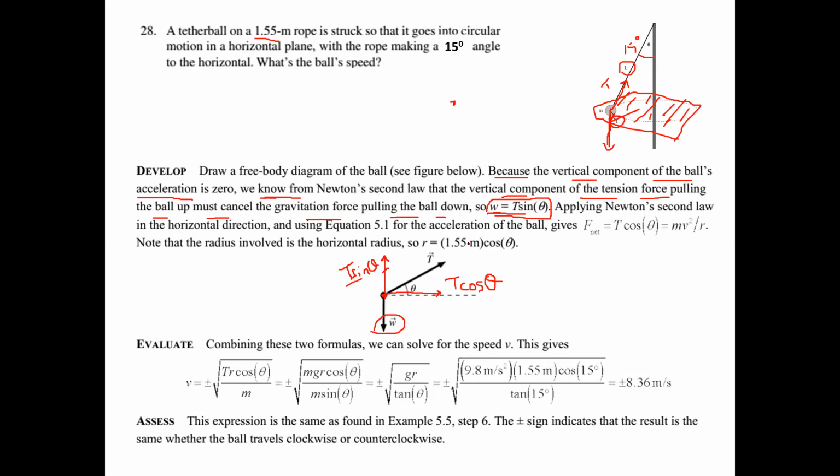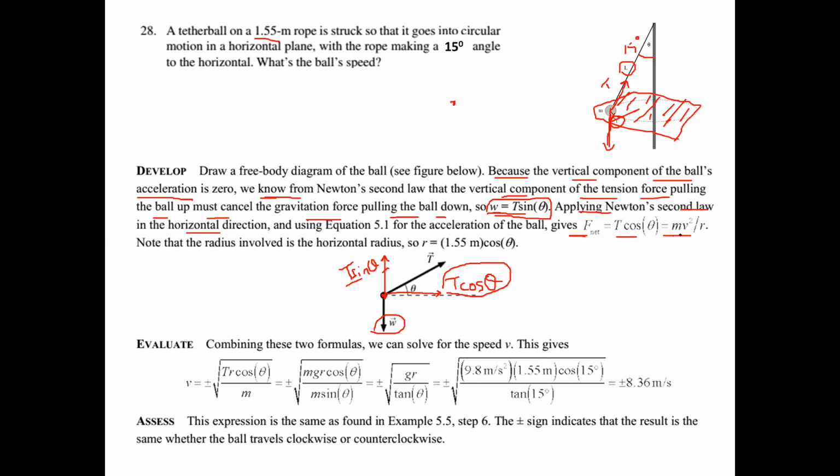This one. And then applying Newton's second law in the horizontal direction, and we know this is a circular motion, this force will generate a horizontal motion. Actually, this F net, the cosine component of the tension T, will be equal to the circular motion equation, right?